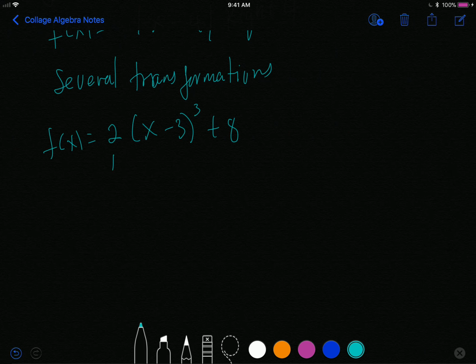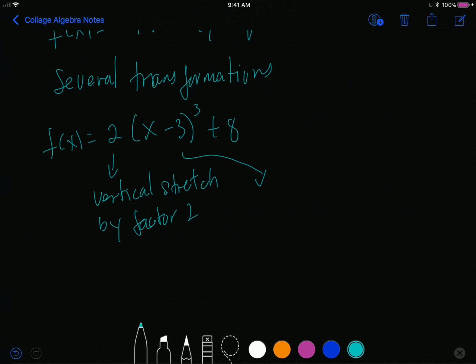That's a vertical stretch by factor 2. That right here is a horizontal shift, right 3. And then the plus 8 is a vertical shift. And that's going to go up 8.